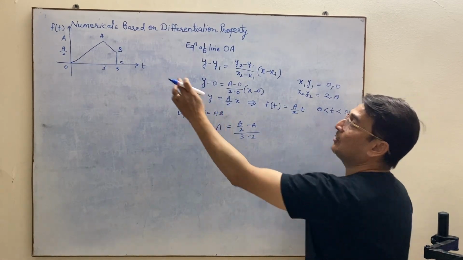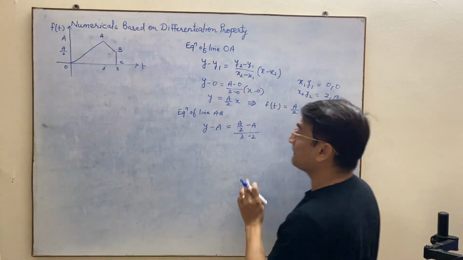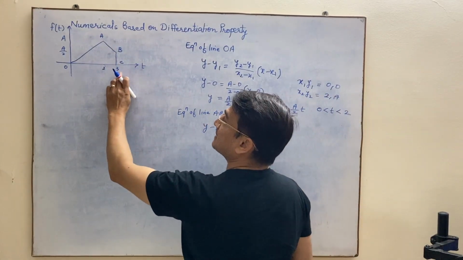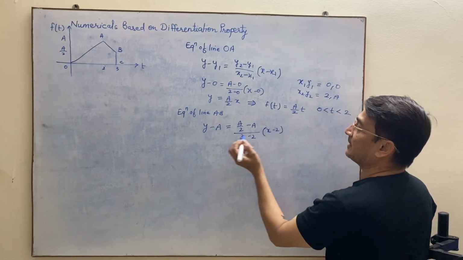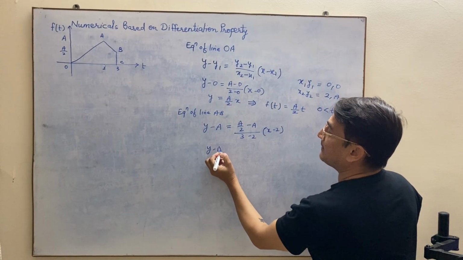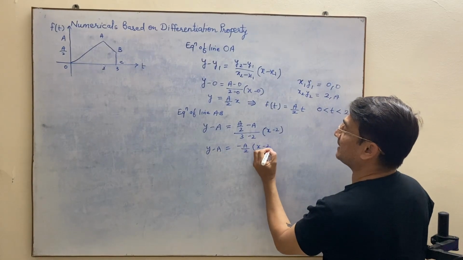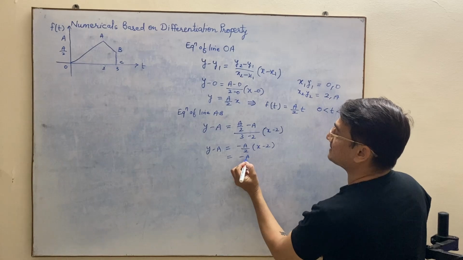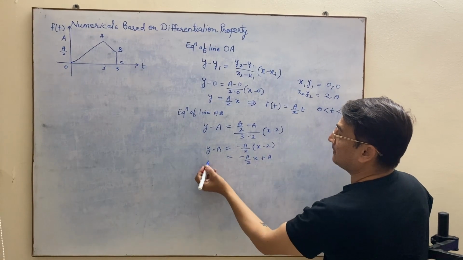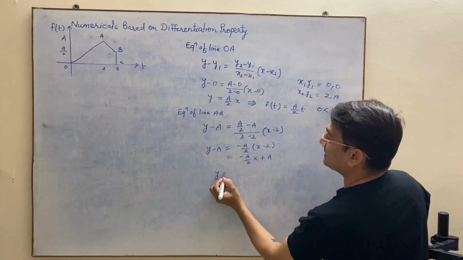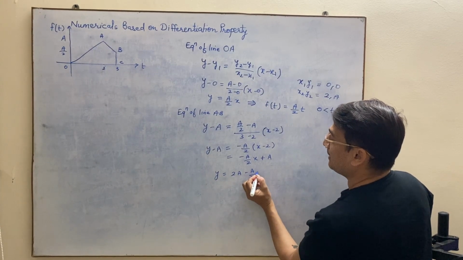Here a by 2 is y2 and a is y1, and 3 is x2 and 2 is x1, into x minus x1. So you will get y minus a equals minus a by 2 into x minus 2, or minus a by 2 x plus a, or y equals 2a minus a by 2 x.